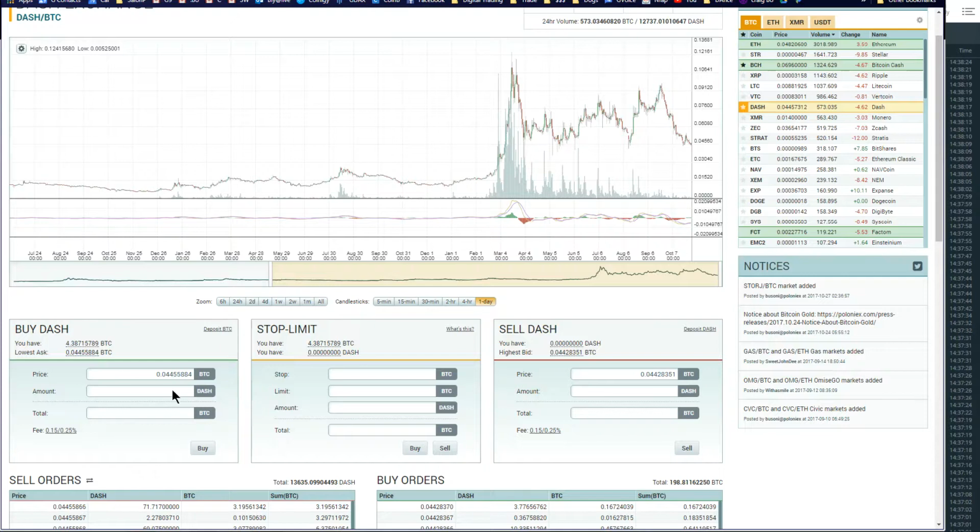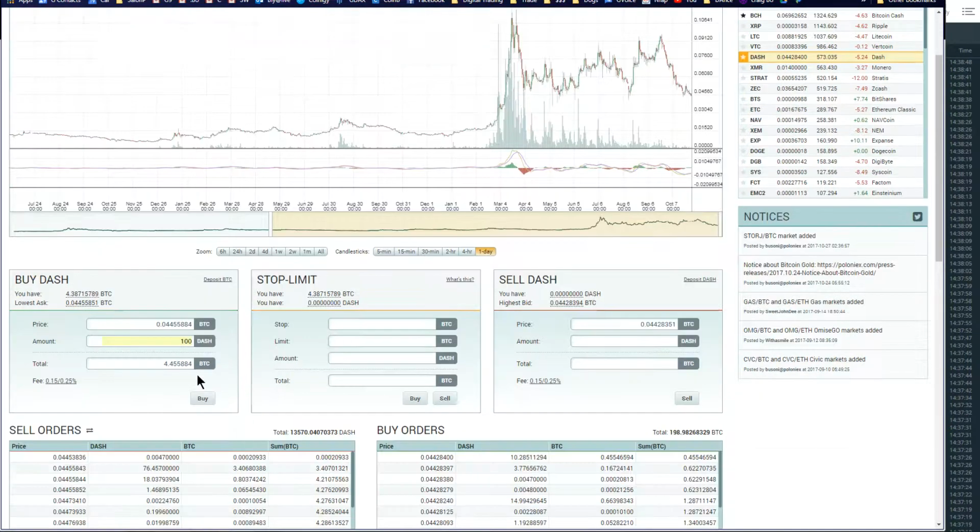But if I wanted to buy 100 Dash, let's see, I'm not going to pre-fill. There we go. 100 Dash in there, and at 0.044. I don't get this number. That does not make any sense to me. That's telling me that it's going to cost me 4.4 BTC. That ain't true.